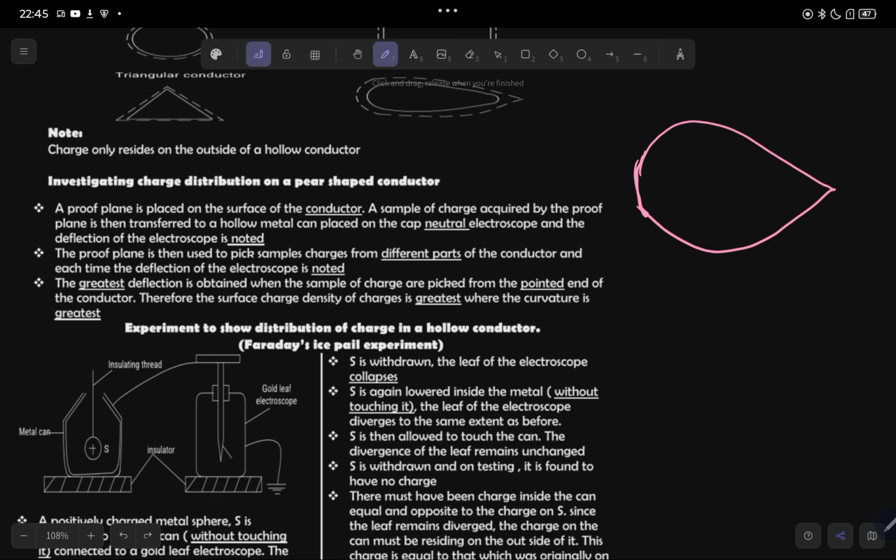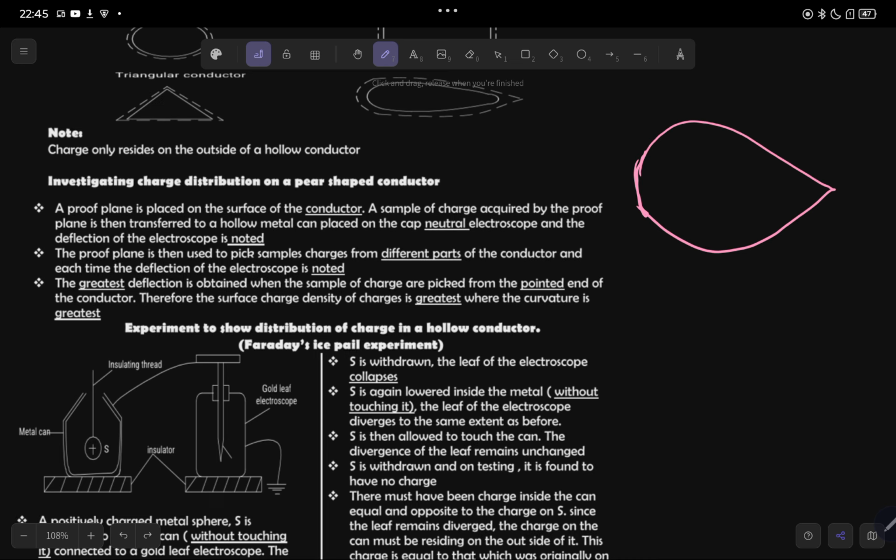They bring the proof plane, after placing it on the surface of the pear-shaped conductor, and transfer it to the hollow metal can, and we note the deflection of the gold leaf.